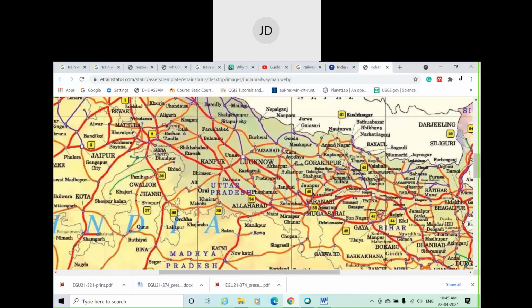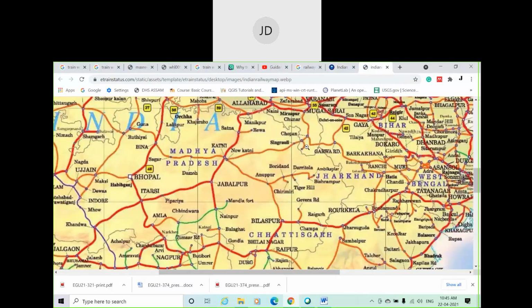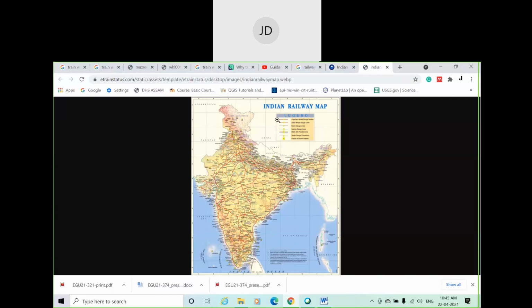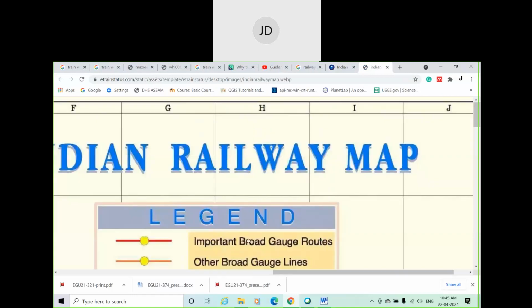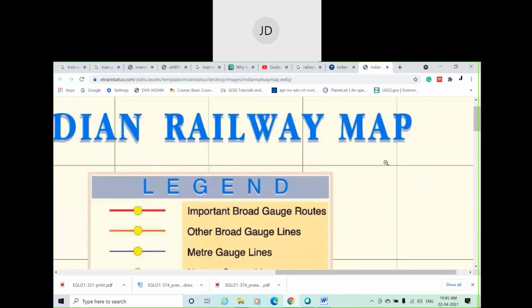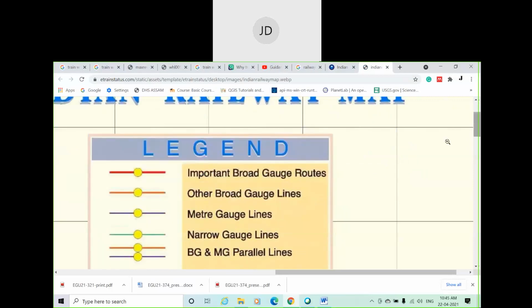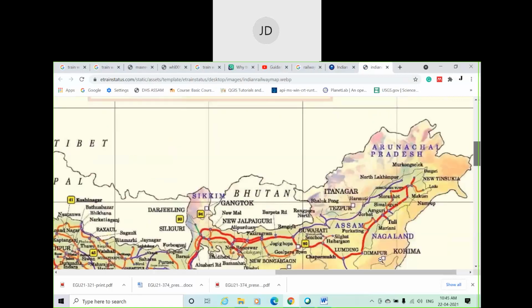Can you see? So this is an Indian Railway map. Now you can see here also in the legends. Let me check.